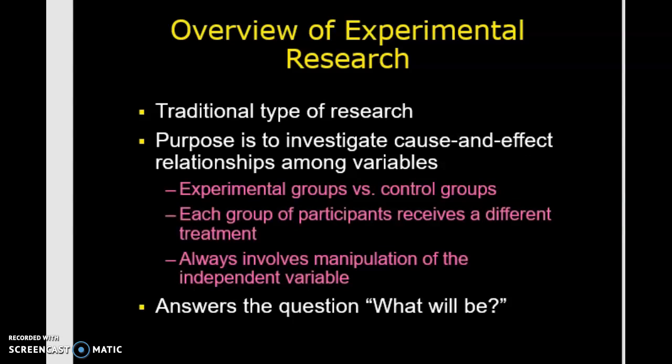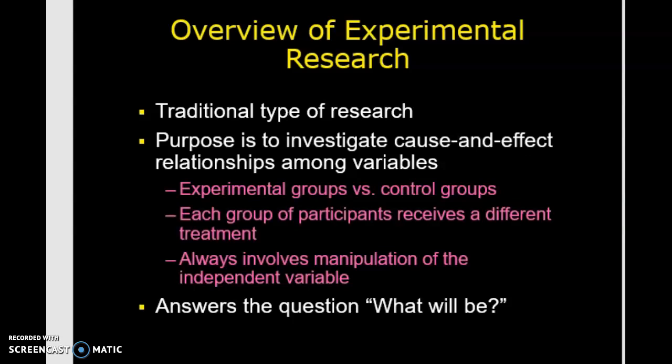Let's say, hypothetically, there's a new drug manufactured to treat diabetes. In order to determine the efficacy of that new drug, we could recruit two groups of people to participate in a study.